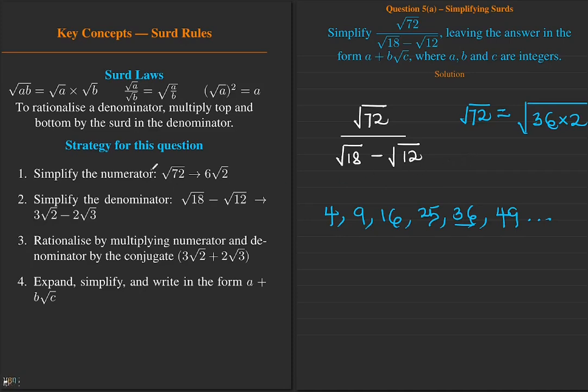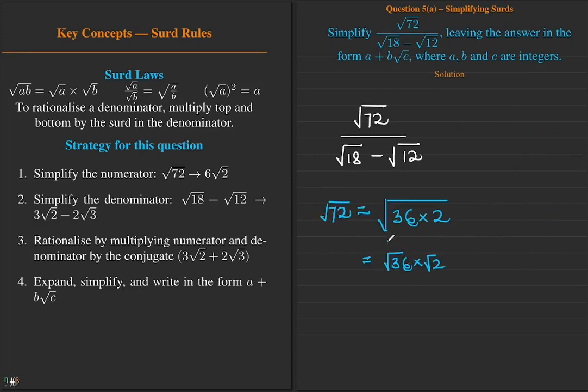You see, it is this law we want to apply. So 72 becomes what? Root 36 times 2. Then once again, applying the law, it is going to be root of 36, then times root of 2. You see? So we know the root of 36 simply gives us a 6.